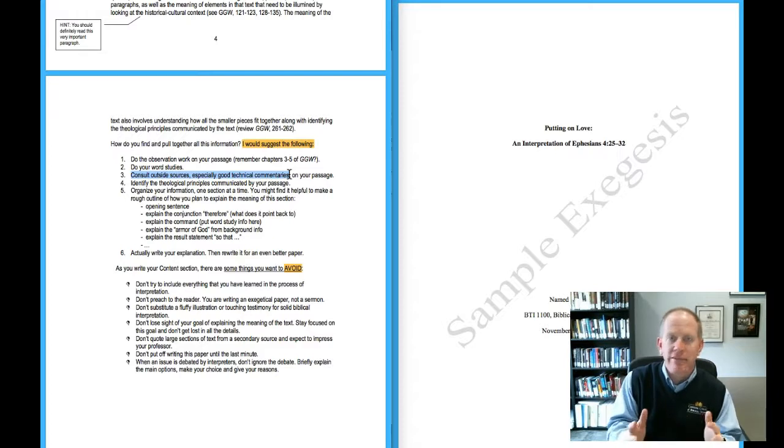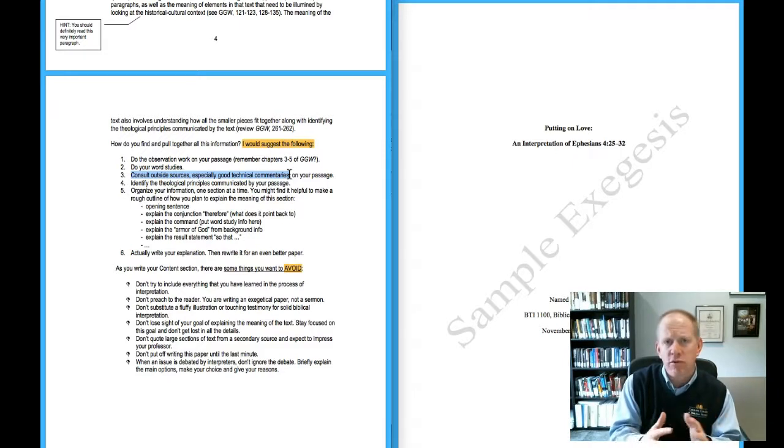You shouldn't have Matthew Henry in this paper. No offense to Matthew Henry. I think he did a wonderful job, but his work is devotional. It's the fruit of his study notes and his margins. He wasn't necessarily a scholar. And so his information is not going to help you really dissect an exegetical paper. J. Vernon McGee, same thing.